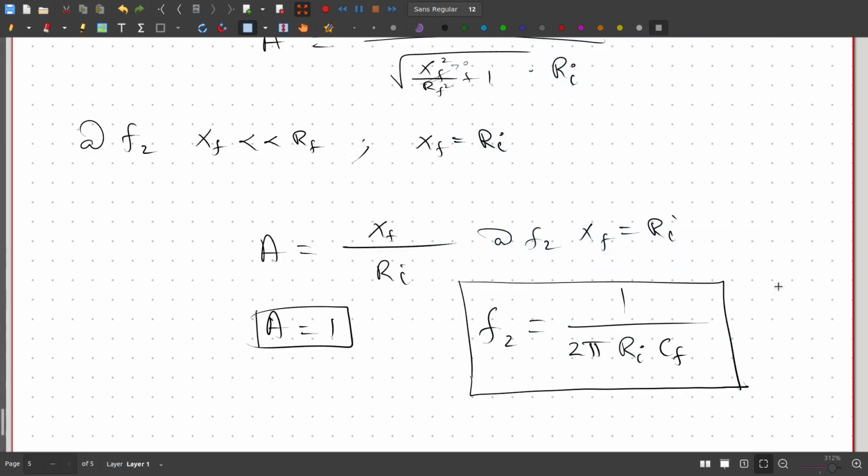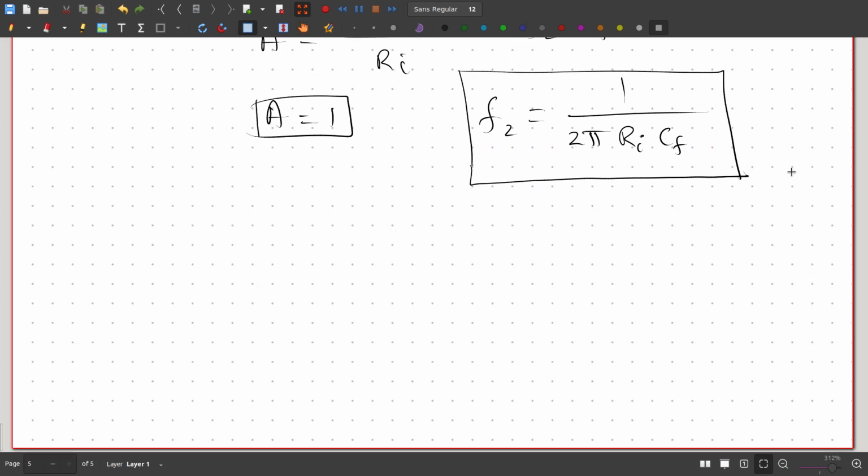Let me put it in another understandable way. So we have our, let me redraw it in another way so you can understand it in a better manner.